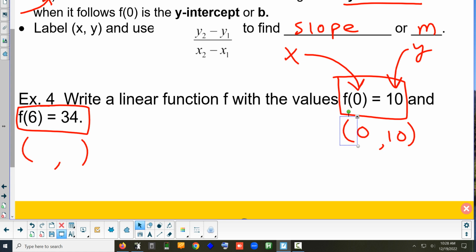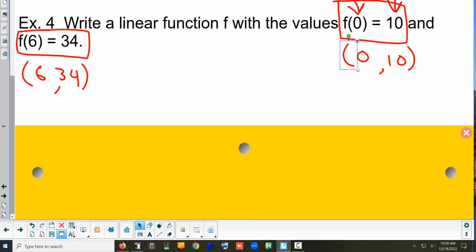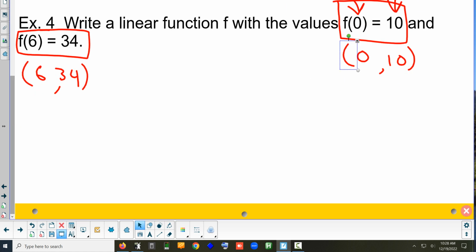Can anybody tell me what this second box means? 6, 8. That's it. Now this is exactly the same as the last problem. There's your two coordinates. Okay. Start with B. What number here is my B?